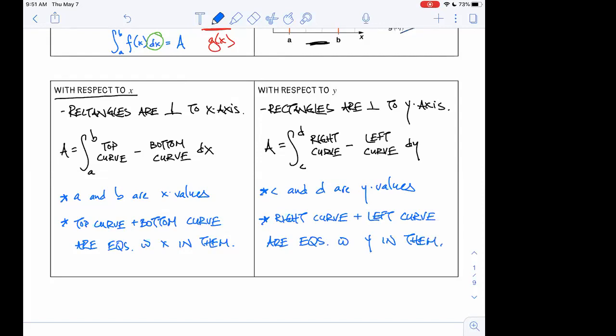So for example, you could see an equation that maybe instead of saying sine x, it would say sine y. That would be one you could use with respect to y. Or maybe it's like y squared minus 4y. That would be a really good indication that you want to do it with respect to y.